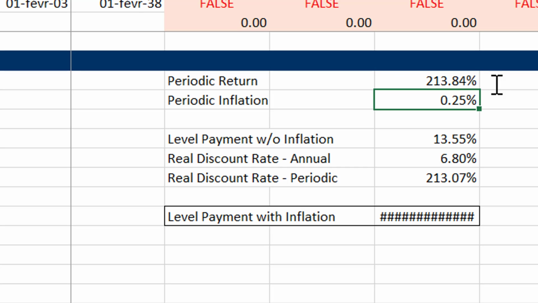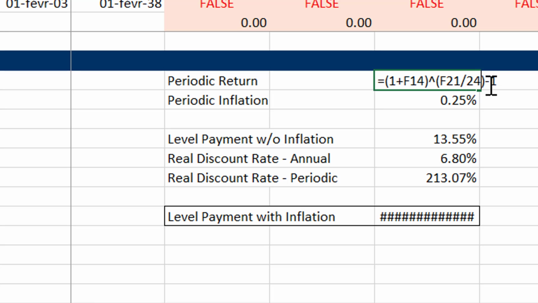Okay. And I did it wrong. This should have been this one, excuse me, periods in the operating period. Can I attribute this to my 24-hour flight?